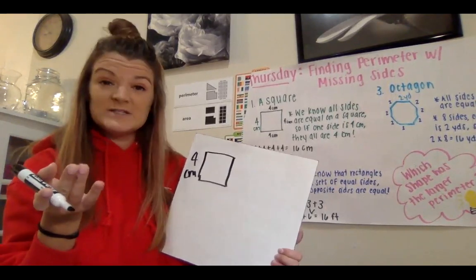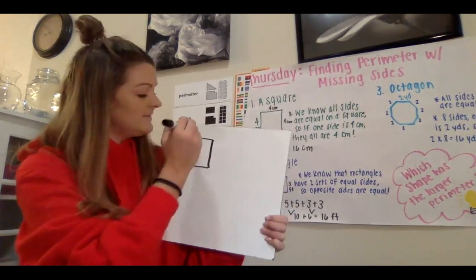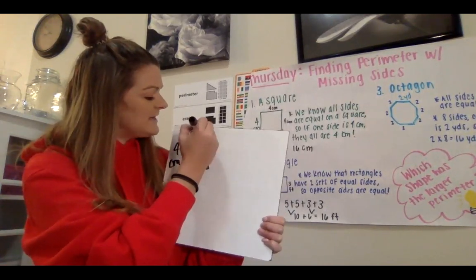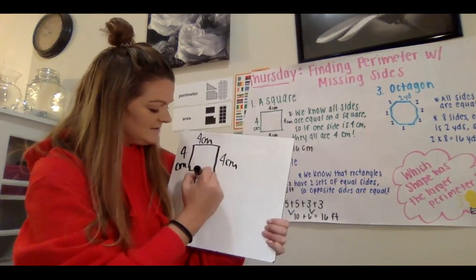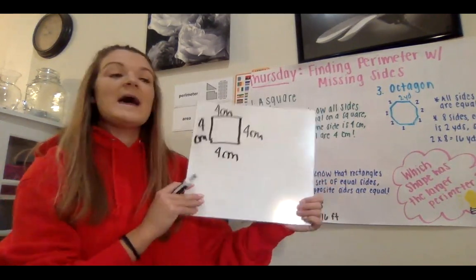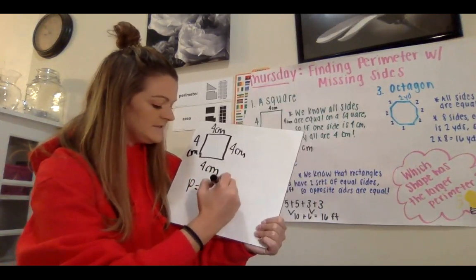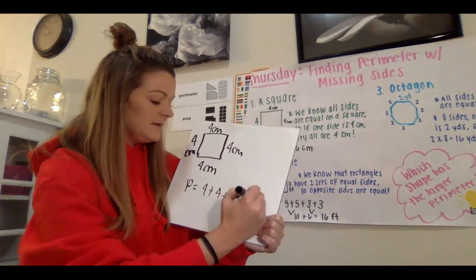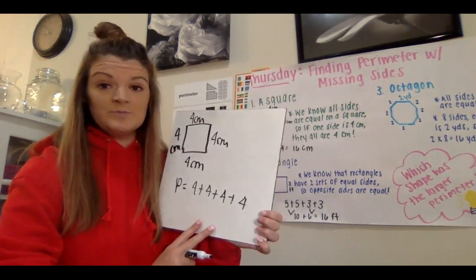Well, if all sides must be equal and this side is 4 centimeters, I can go ahead and label. This side is 4 centimeters, this side is 4 centimeters, this side is 4 centimeters. Now, if I want to find my perimeter, I could write 4 plus 4 plus 4 plus 4. But repeated addition is just a strategy for multiplication.